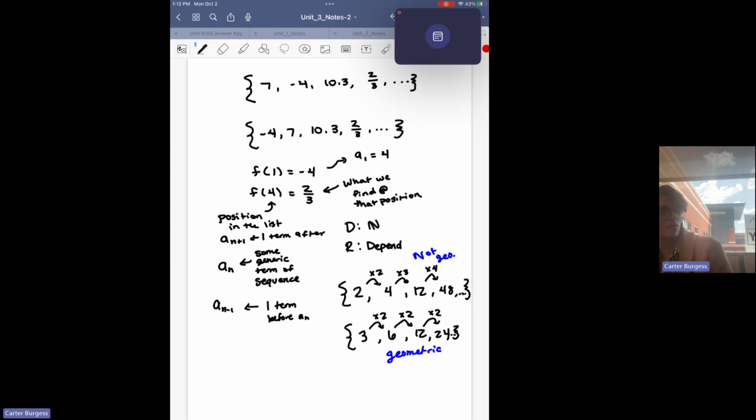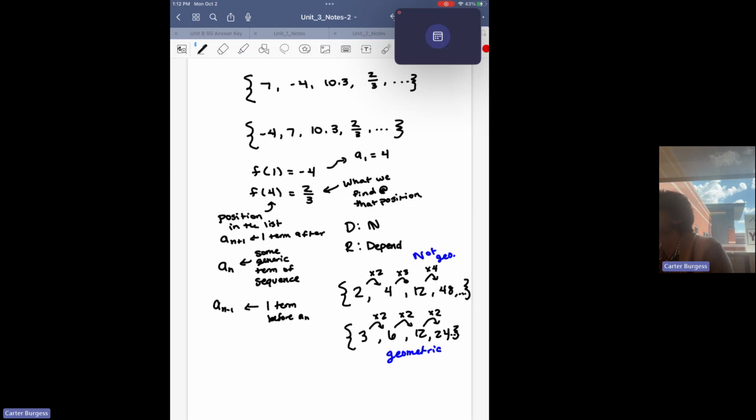A couple of points I want to remind ourselves of going into today as we start to build up some equations around these sequences. First and foremost, we talked about how sequences are really functions. When I plug a value into my function that represents a sequence, what does the input represent?